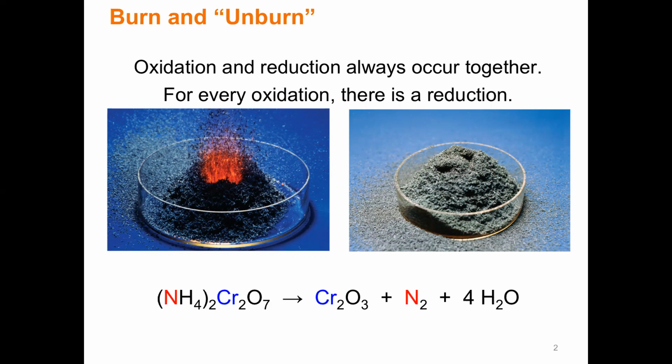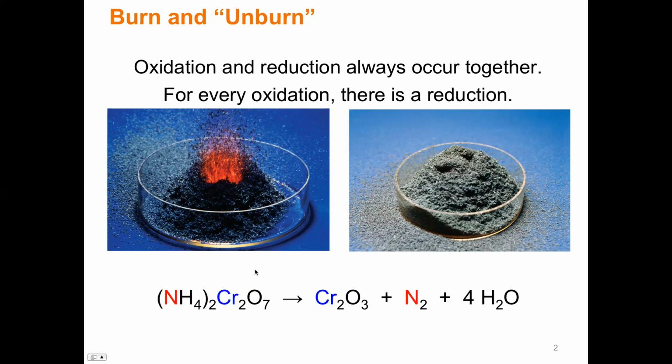So how do you know when you are having some sort of a reaction, right? And here, I love the way your textbook does this, is burn and unburn. And usually, like I said, you think of burning as consuming oxygen and making a flame. But redox doesn't necessarily do that, all right?